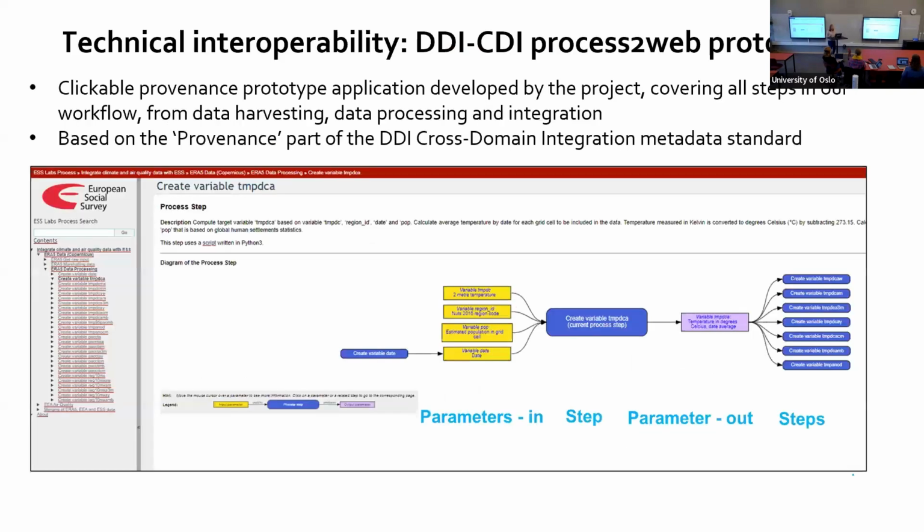So what we did then, we used again a new standard called DDI Cross-Domain Integration, or CDI, to make a little tool. And in that tool, you can see all the steps we had in the process, from the data download, the sources they came from, and what happened to them. And here you can see a process step where we create a variable, and we can see all of the variables that were used to create it.